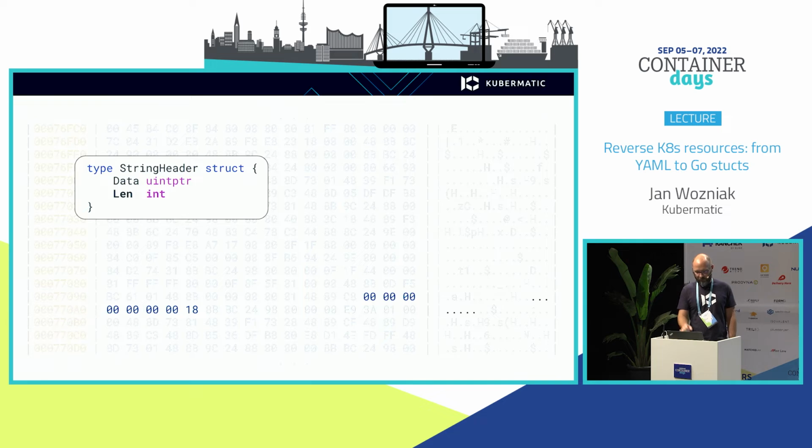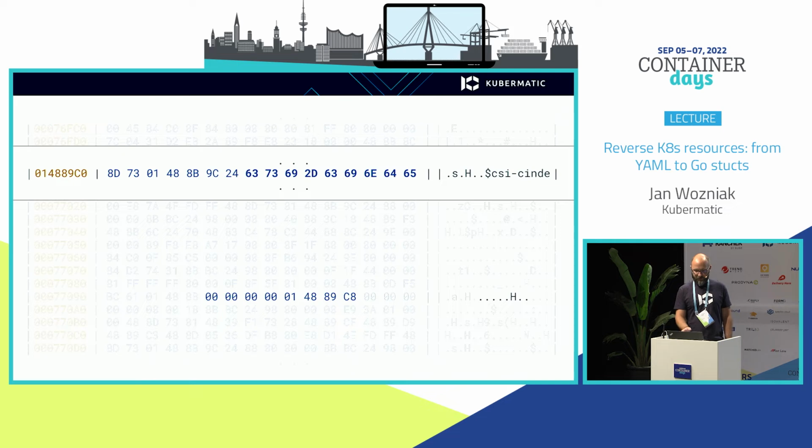So the last 8 bytes, that's the length, and hex 18, that's decimal 24. This is a pointer to where the actual bytes of the string name are stored. Another 8 bytes in my architecture. And when I look at the actual address in memory, this is what you would get to see.